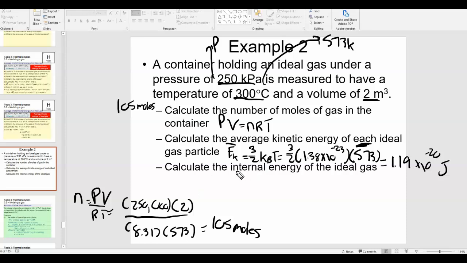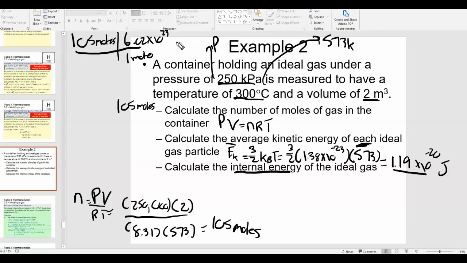And so for the final question, the internal energy of the gas, because it's an ideal gas, the internal energy has no internal potential energy component. And so the internal energy is purely the internal kinetic energy of the entire gas. So I need to multiply this value by the number of gas particles that I have. Well, I have 105 moles, and I know that 1 mole of anything is 6.02 times 10 to the 23.